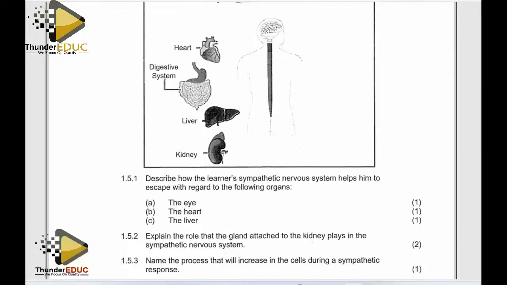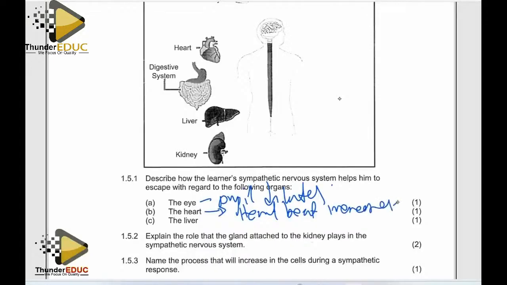So in this case, we talk about the pupil. When we talk about the pupil, it dilates. You understand? The heartbeat increases. Yes. When you talk about the liver, it converts glycogen to glucose so that you have more energy in the muscles.